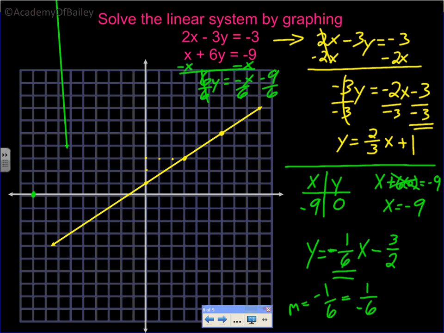I know you're used to doing slope-intercept form and starting at the y-intercept, but it doesn't matter where we have a point. As long as it's on the line, it's still going to have a slope of negative 1 over 6. So that means we go down 1 and to the right 6. 1, 2, 3, 4, 5, 6.